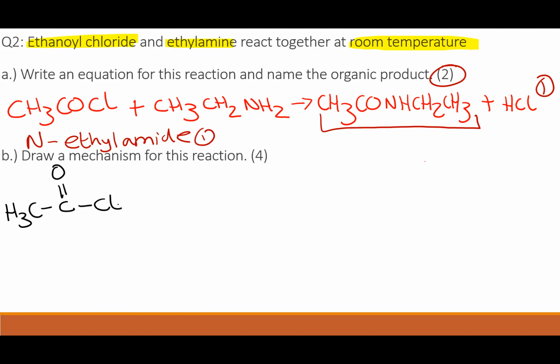First thing I do before I'd even look at that ethylamine is I make sure that I've got my charges drawn on. So you want to make sure you've got that slightly negative charge on your oxygen, and then your slightly positive charge on your carbon. Then draw out your ethylamine. So remember, you've got the lone pair on the nitrogen.